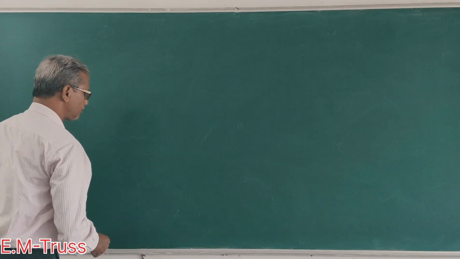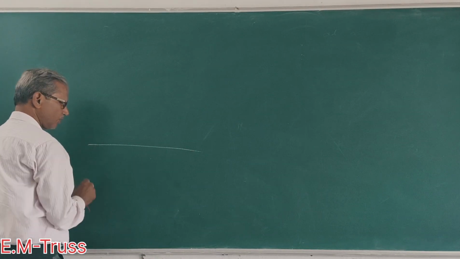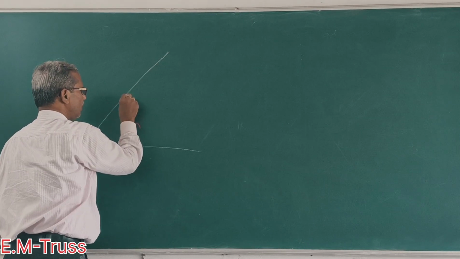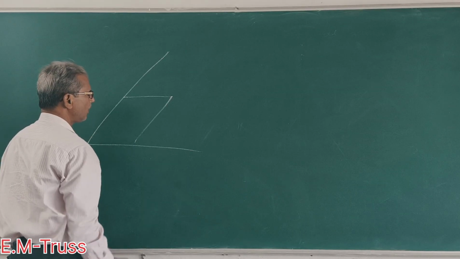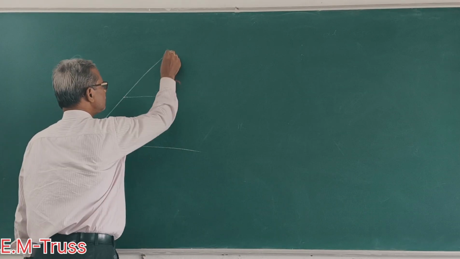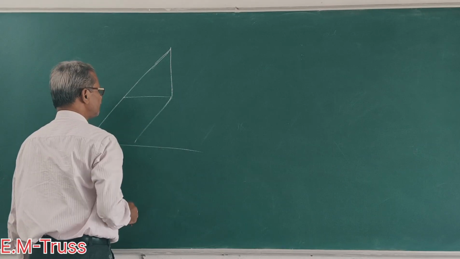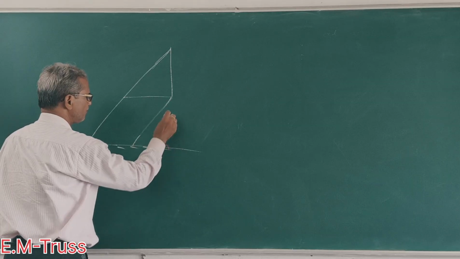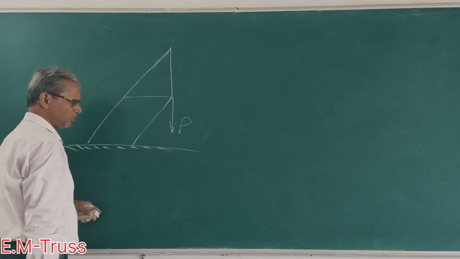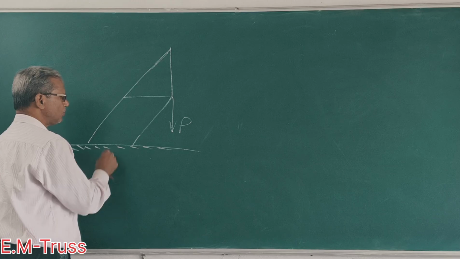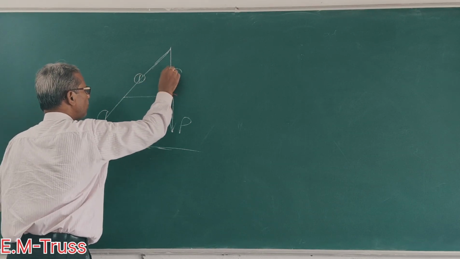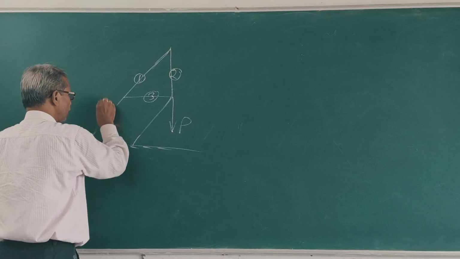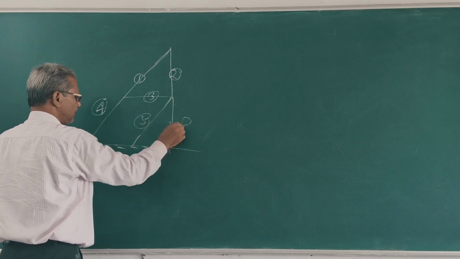Suppose this problem: 1, 2, 3, 4, 5. This is point P. Clear?